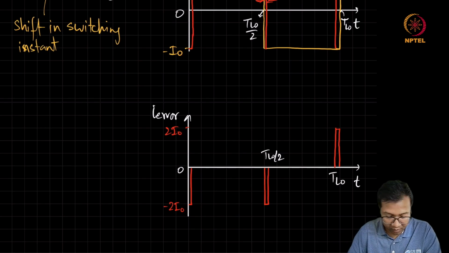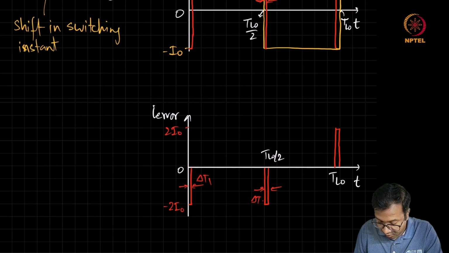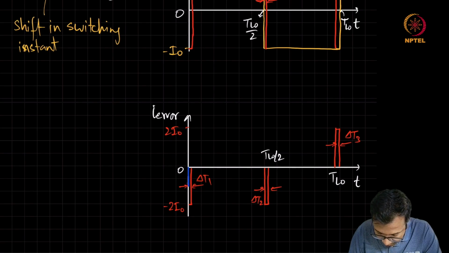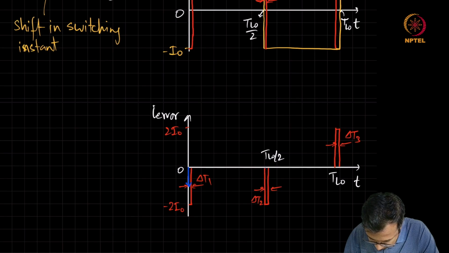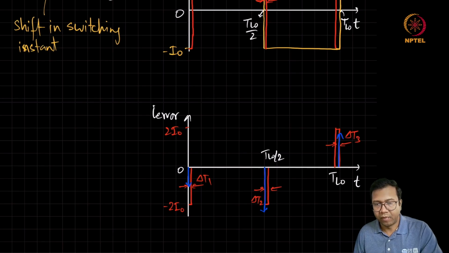So one approximation we can do here is, since this delta T1, delta T2, delta T3 are going to depend on this value of VN2 here, VN2 here, VN2 here, just approximate it with an impulse whose strength is equal to the area of these pulses. This is going to simplify the analysis.